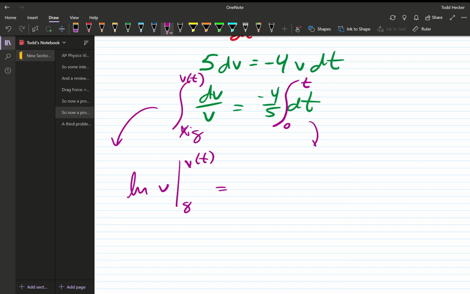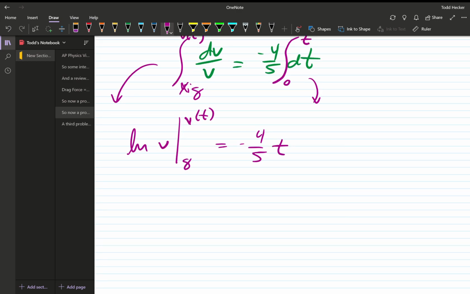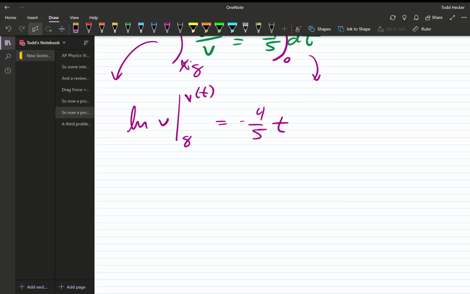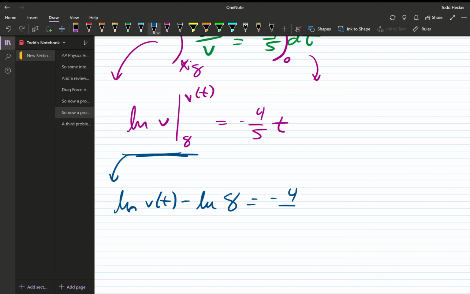On this side of the equation, this is the same as we had before. It's negative 4/5 t. So now I've got to evaluate this. This is going to give me the natural log of v of t minus the natural log of 8 equals negative 4/5 t.